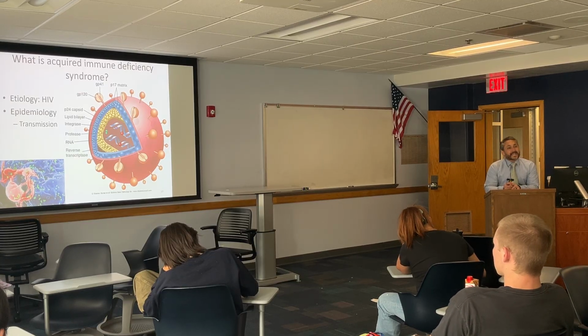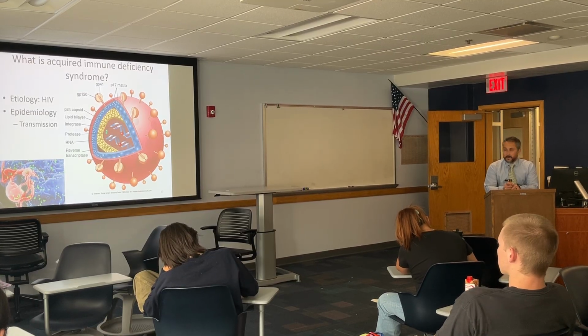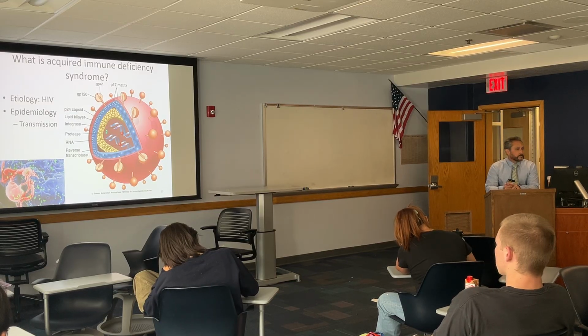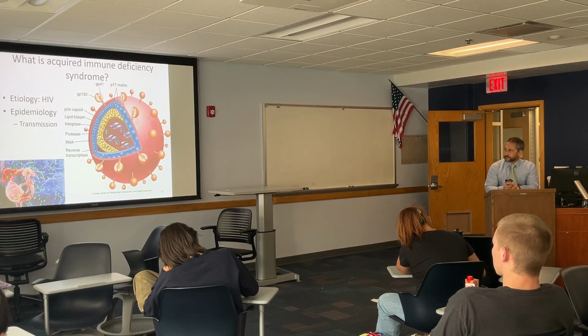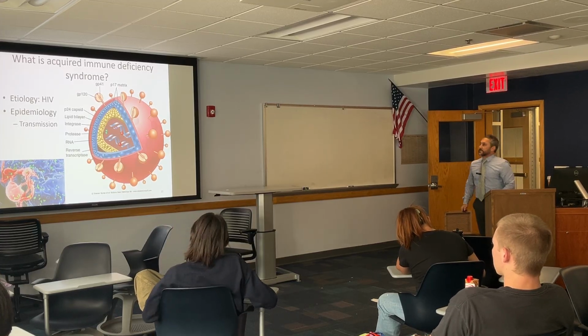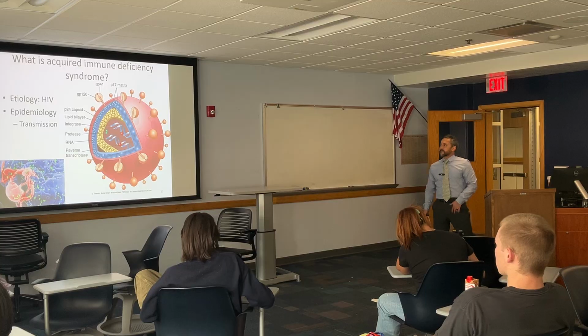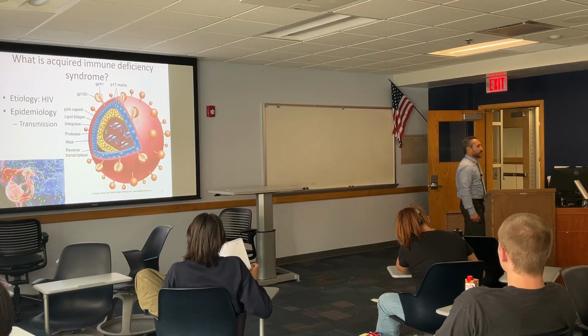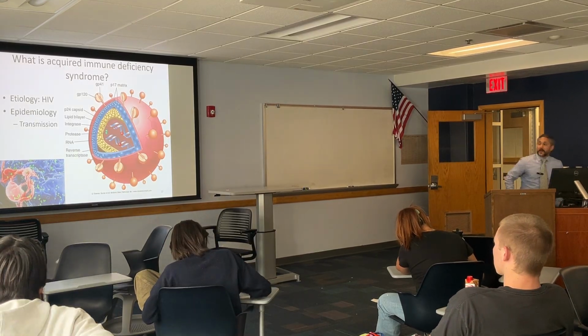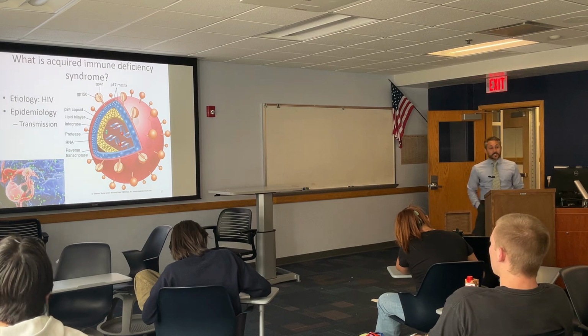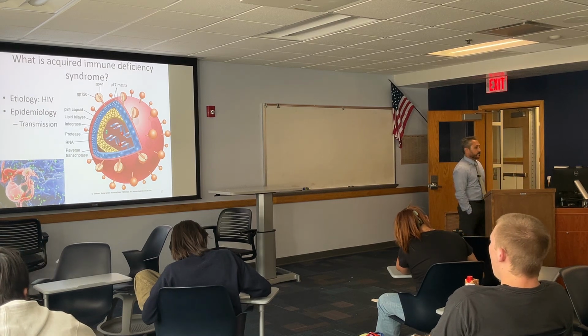So the last clinical example that I want to unpack today is acquired immunodeficiency syndrome, also known as AIDS. So the etiology is human immunodeficiency virus. That's the etiology. The epidemiology is its transmission from population to population.